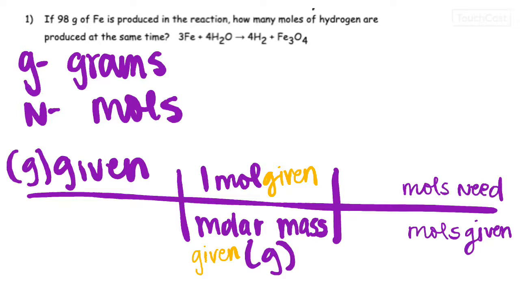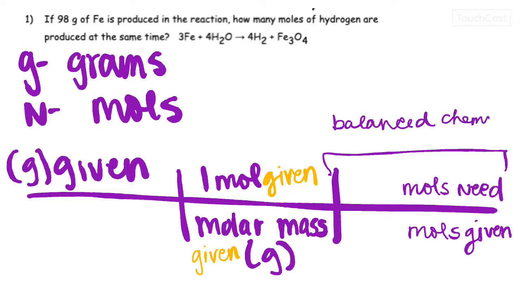And you're going to get these numbers right here from a balanced chemical equation. So you're going to pull whatever coefficient is connected to your given and your need. Remember, if there's not a number, there's an imaginary 1 in front.